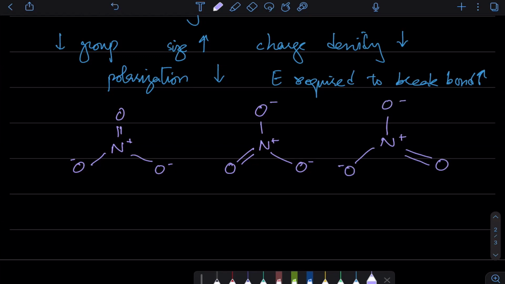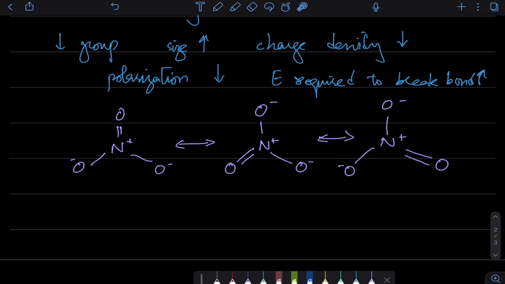So not only are nitrate and carbonate isoelectronic, which is why they have a similar structure, but both of them also show resonance. The electrons are distributed, and obviously a smaller cation will be able to pull on this more, distort the cloud and break the bond between nitrogen and oxygen.